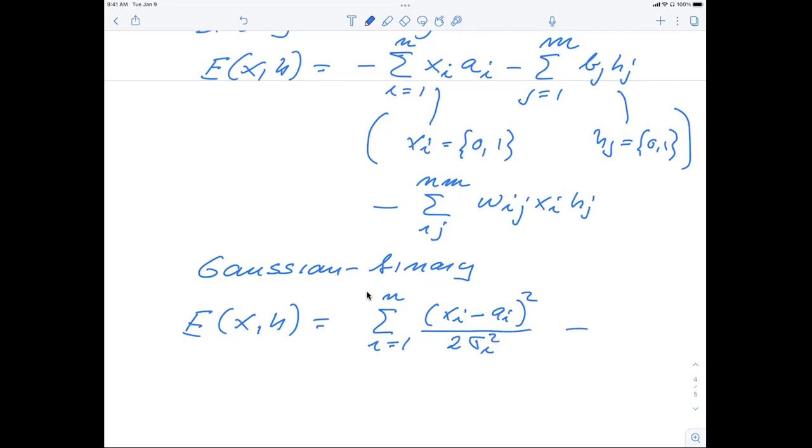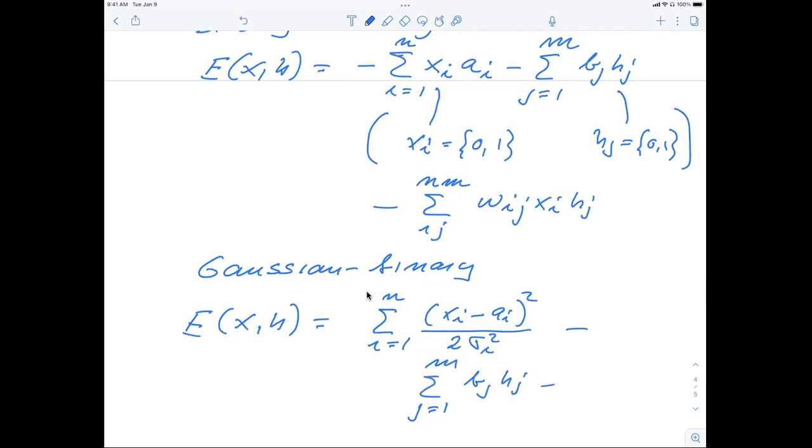There is a minus, and then we have a similar parameter for the hidden nodes. So the hidden nodes have just a binary output. So the h_j take values 0 or 1.